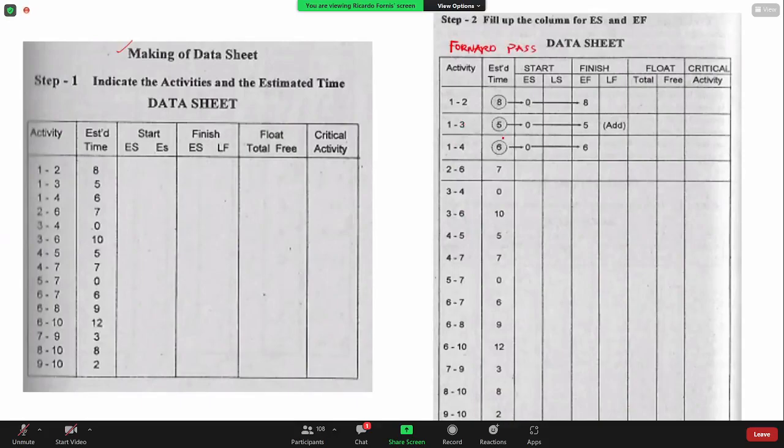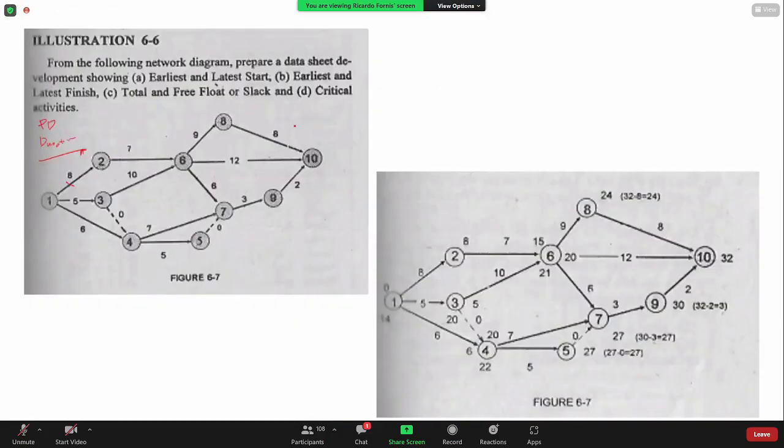Same as earlier, add the early start of 1 plus duration, and you get the early finish at node 2. Then the early finish at node 2 gives the early start for the next activity, and so on.